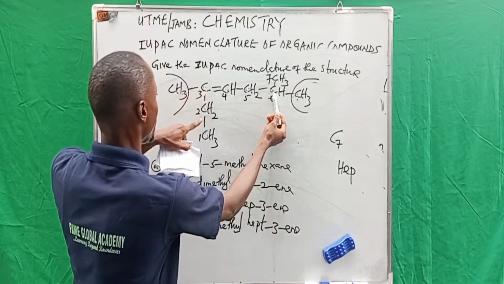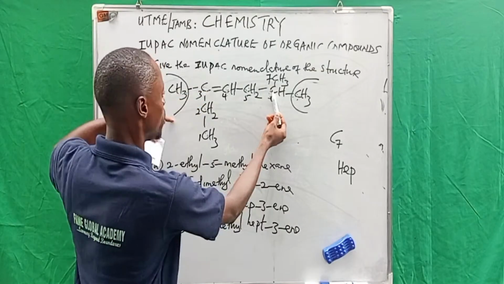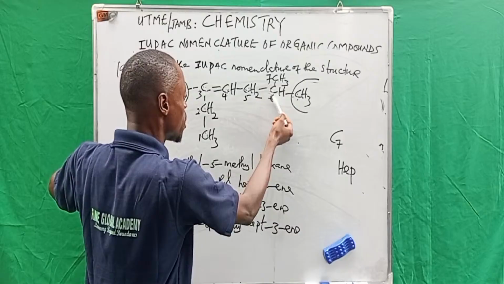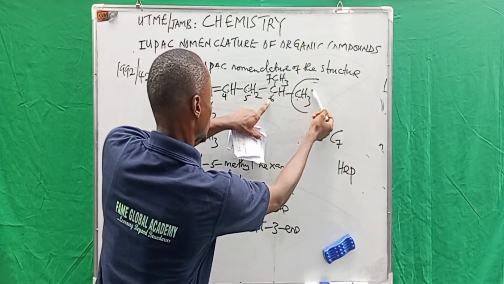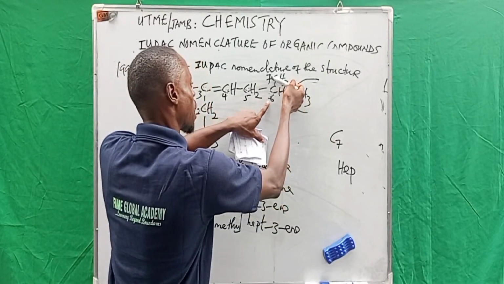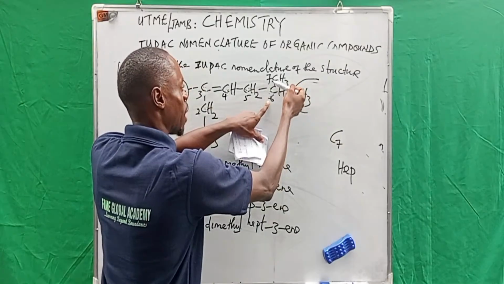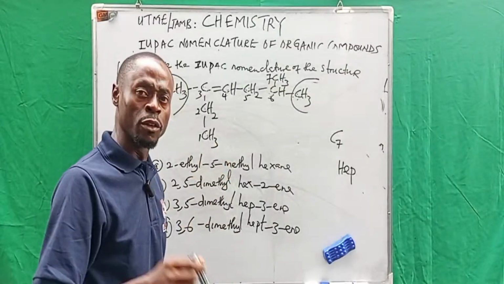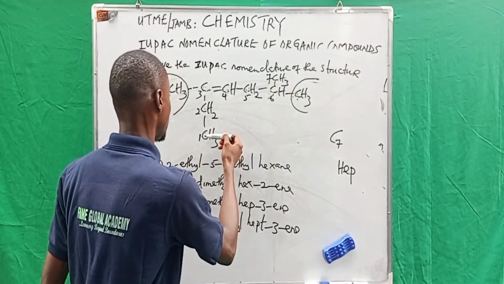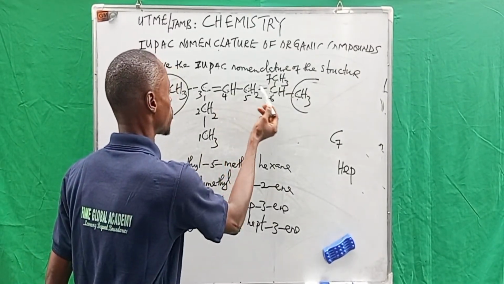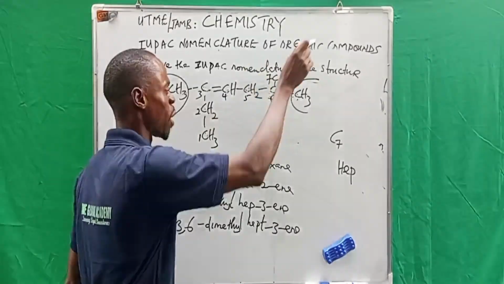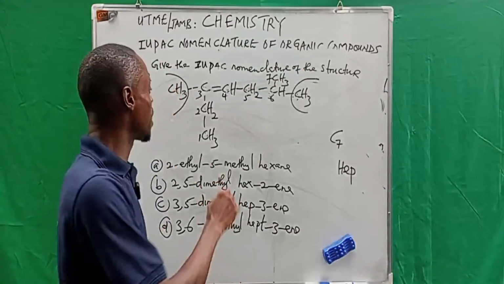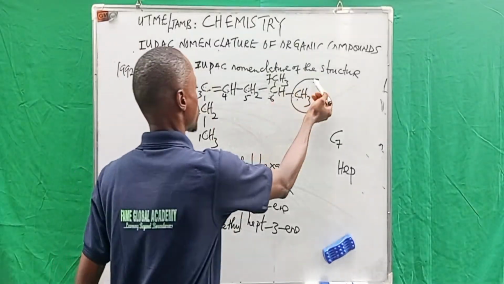At carbon atom 3, then at carbon atom 6, we have another branch, methyl. Then the 7th carbon completes the longest carbon chain. Are you following me? So with this progression from this end, 1, 2, 3, 4, 5, 6, 7, the longest carbon-containing chain, automatically here becomes our branch and here becomes our branch.